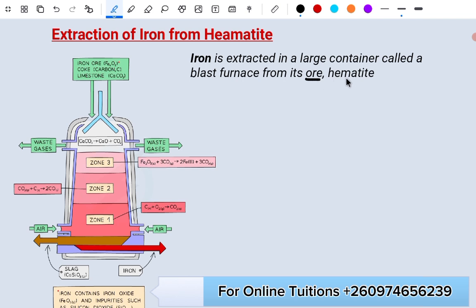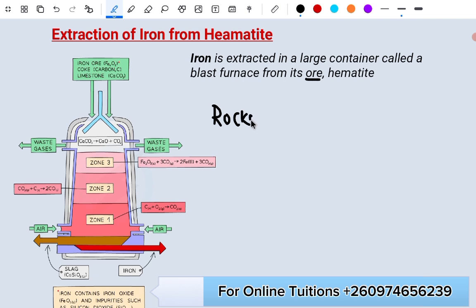So hematite is the iron ore from which iron has to be extracted. Remember, these are more or less like rocks that are mined from underground, and they are mixed with different things, with sand.